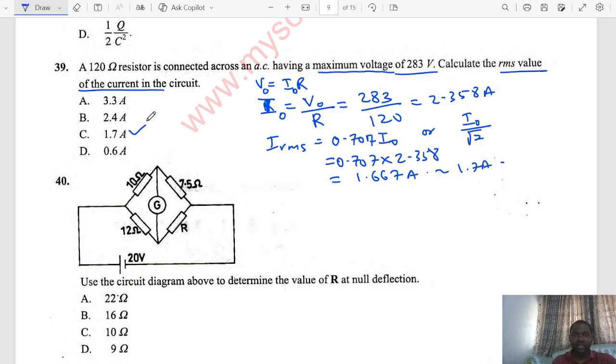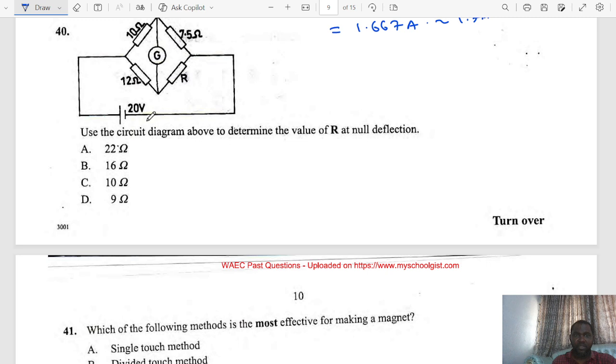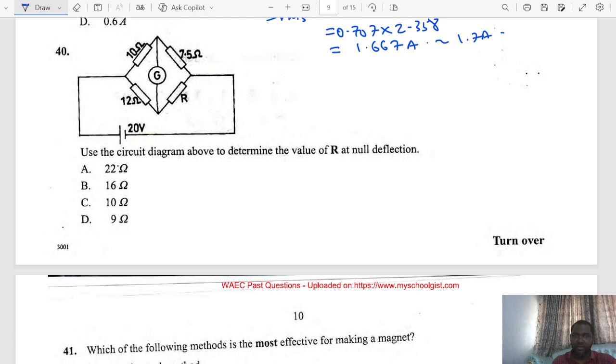Quite easy. Now the next one says use the circuit above, determine the value of R in the null deflection. Now this is what we call a Wheatstone bridge, and once there is a null deflection, what it simply means is R1 over R2 will be equal to R3 over R4. That's the formula.